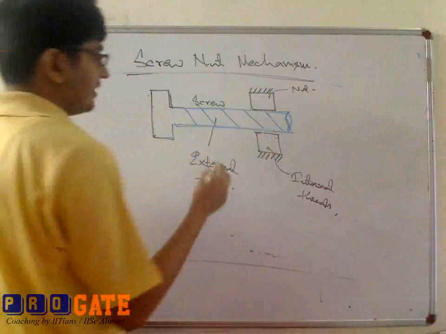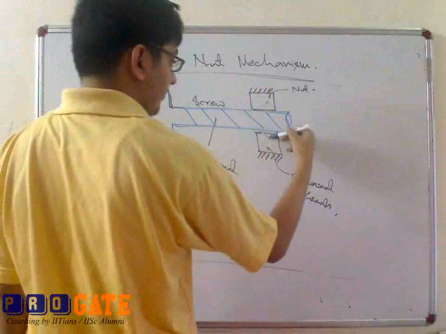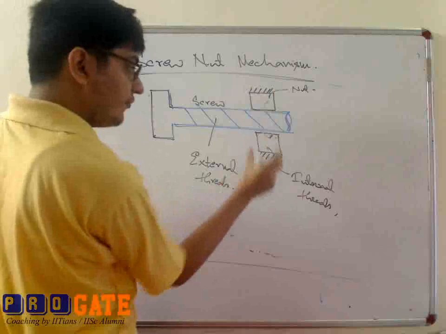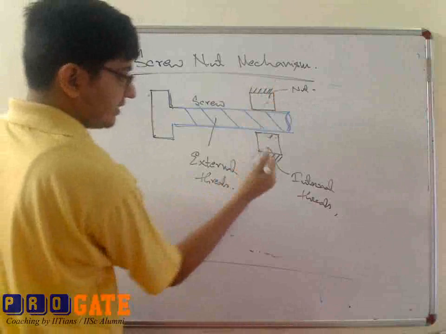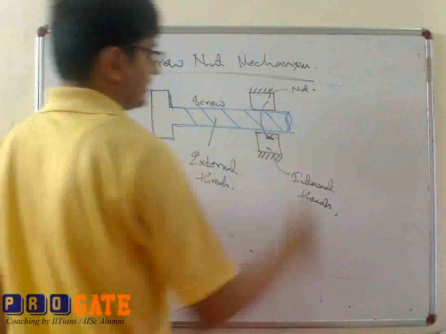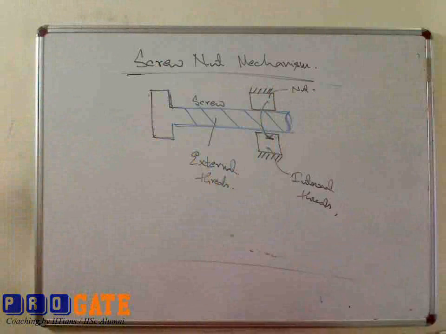But you can give a rotational motion to the nut. So this nut is rotating in a fixed place. This black indicates the rotational motion of the nut.